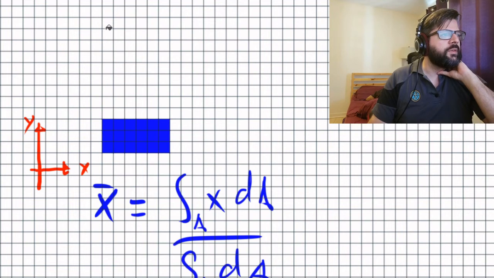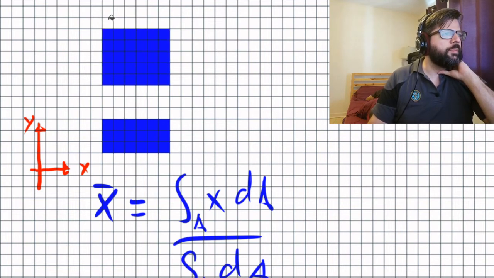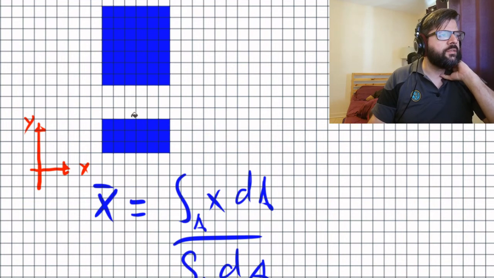So this will have the same x bar location as these two figures here, because basically we'll be adding this up and then dividing it by the total, adding this up and dividing it by the total.